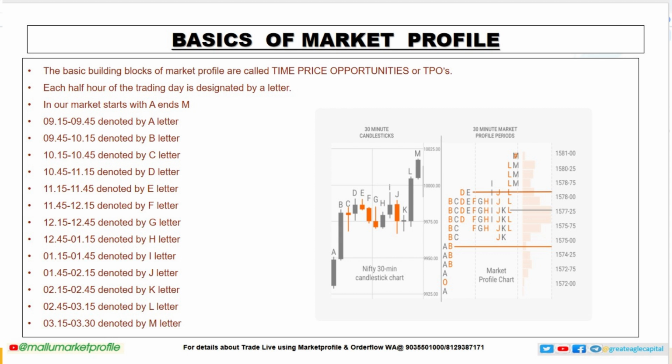From 9:15 to 9:45, one letter will be there, A. Then 9:45 to 10:15, there will be B. 10:15 to 10:45, C. 10:45 to 11:15, D. 11:15 to 11:45, E. Then 11:45 to 12:15, F. Then 12:15 to 12:45, G. 12:45 to 1:15, H. 1:15 to 1:45, I. 1:45 to 2:15, J. 2:15 to 2:45, K. 2:45 to 3:15, L. And M will be only 15 minutes, 3:15 to 3:30.